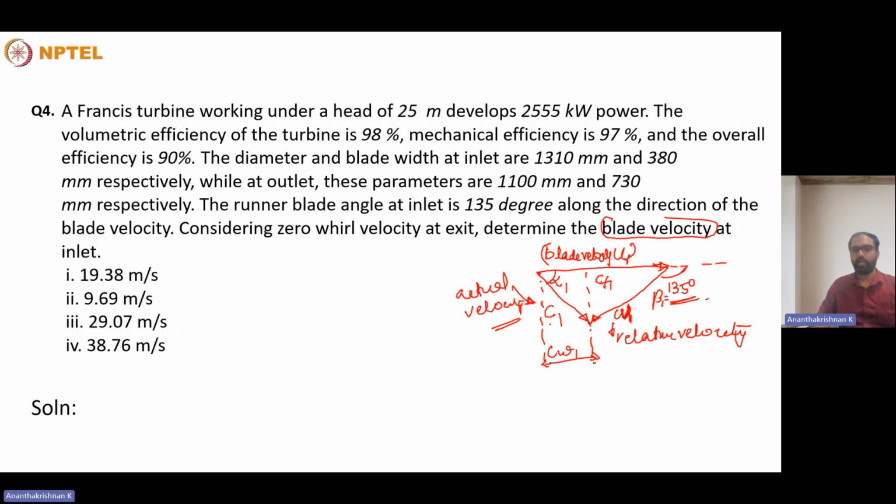So we need to calculate the blade velocity. So the blade velocity we can calculate from the velocity triangle.